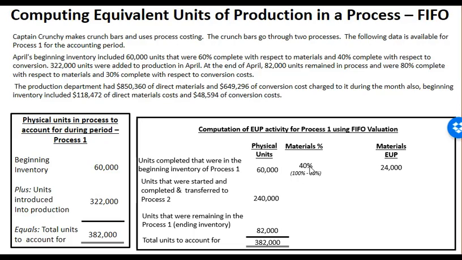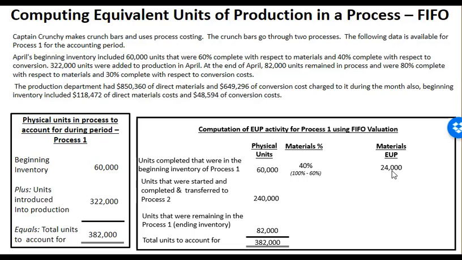So I take the 40% and multiply it times my 60,000 physical units, and that comes up to a materials equivalent units of production of 24,000. In other words, that represents the amount of effort I've had to expend on my beginning inventory units for materials in order to complete them.